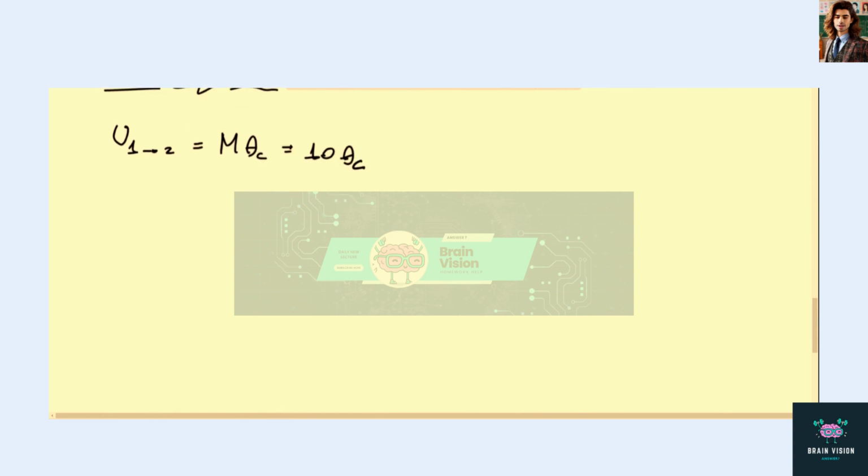Therefore, solving the equation for part A, we have to solve K1 plus the potential energy from position 1 to position 2 plus K2. So that's going to be equal to 20.726 plus 10 theta C equals 419.7.